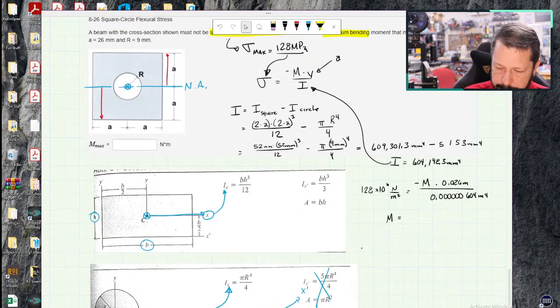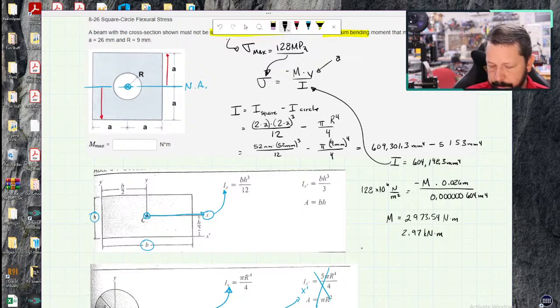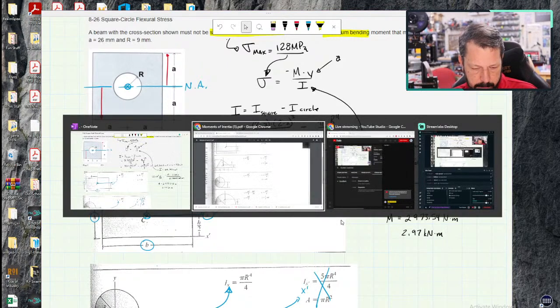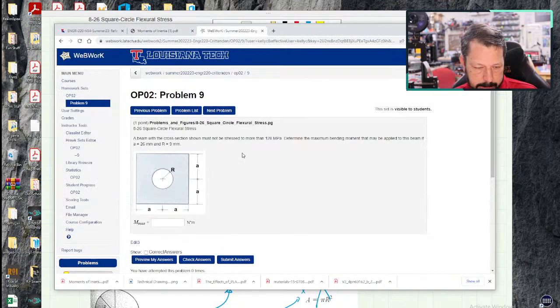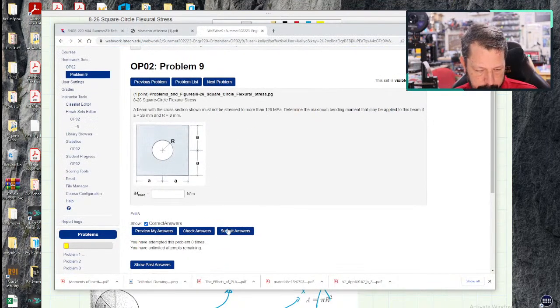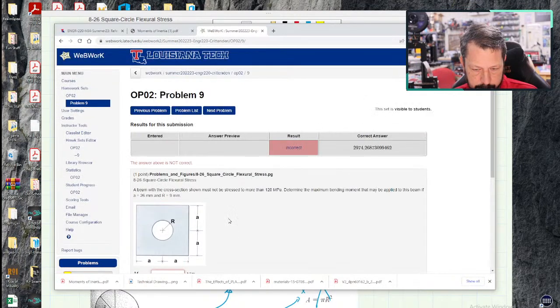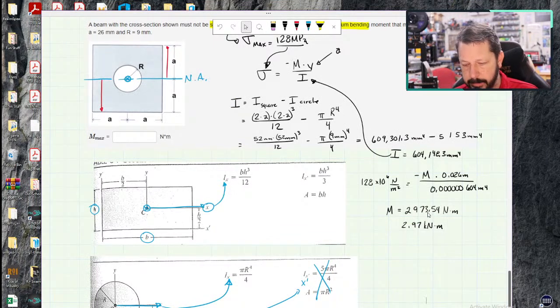So M is 2,973.54, and my units would be Newton meters. So 2.97 kilonewton meters. Hopefully WebWork likes that number. 2.974, yes. I put 2.9735, so yes, it would like that, I think, if I plugged it in.